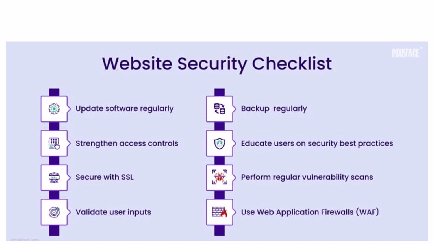Here we have a list of security checklists. Generally, these are best practices for any web application. We can have user education, strict access controls, backup recoveries, secure communication between services and components, and web application firewalls.